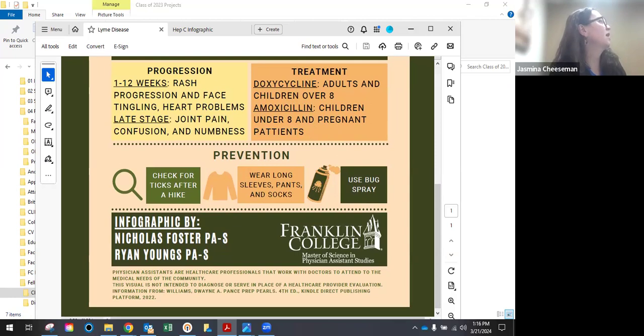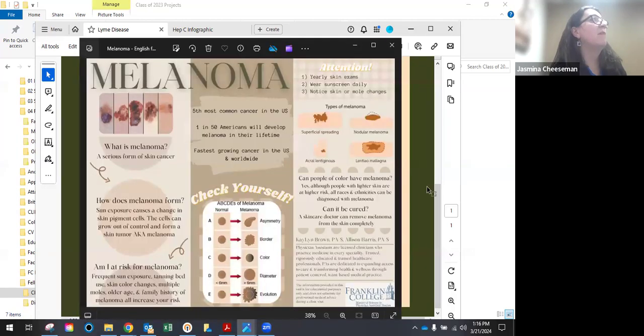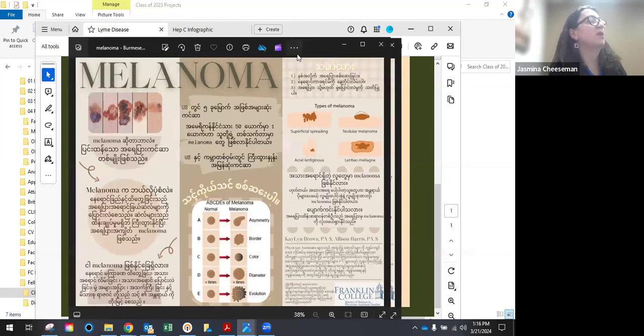And I've got a couple more. I'll show you one more. So here was an actual foldable pamphlet on melanoma. And then here is that same melanoma catering to our Burmese population. So yeah, those are some examples there.